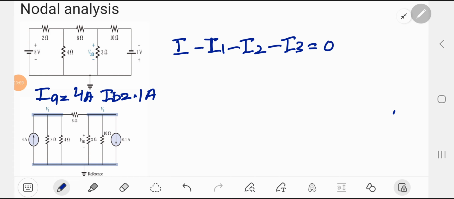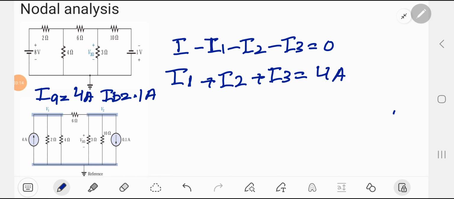Now I1 plus I2 plus I3 is equal to 4 ampere. I1 is actually equal to V1 divided by 2 ohm resistance.